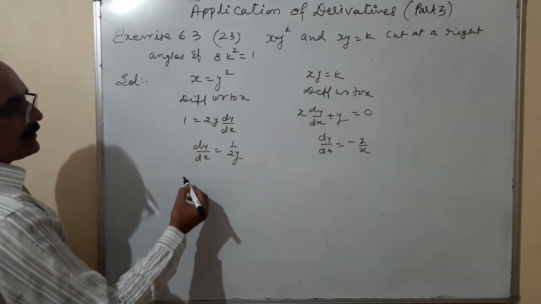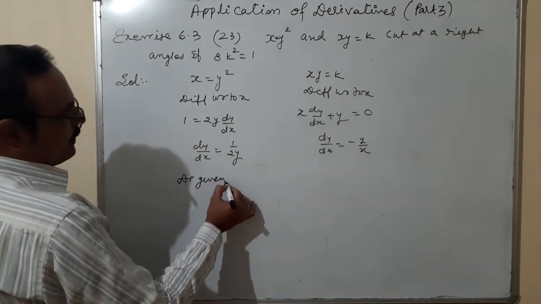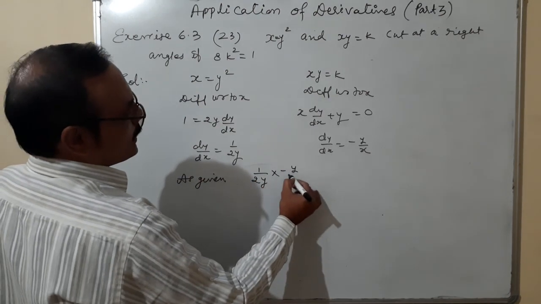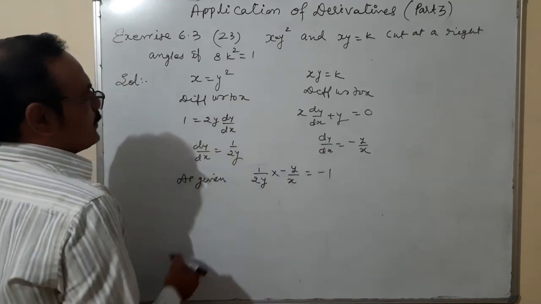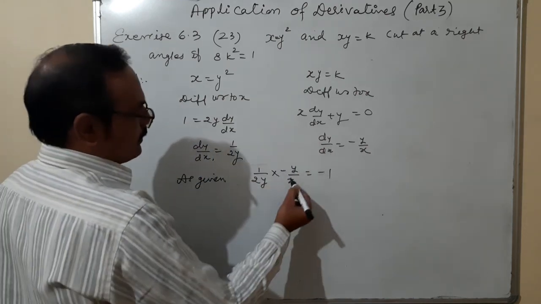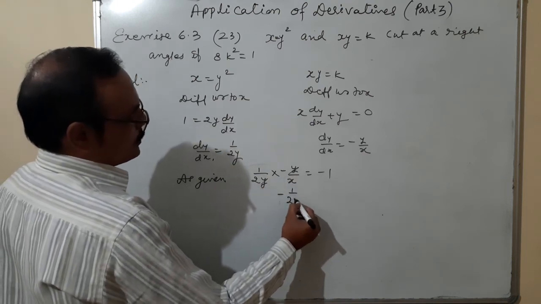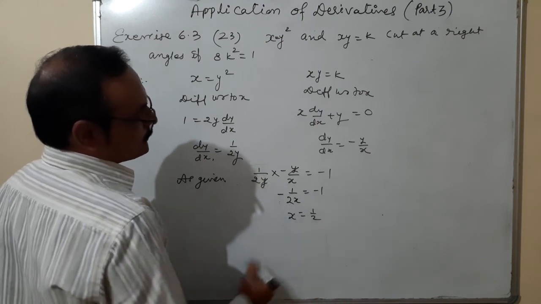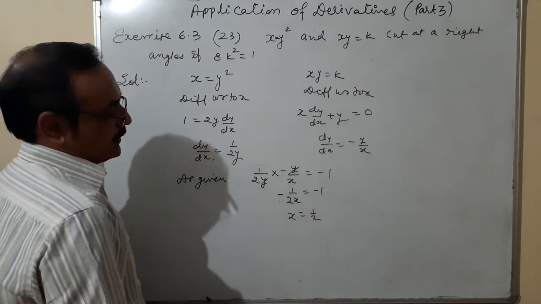That means, as given, 1 upon 2y multiplied by -y upon x is equal to -1. Because these two things are different. Okay. So may I cancel 1 cancel, -1 upon 2x is equal to -1. That means x is equal to 1 by 2.